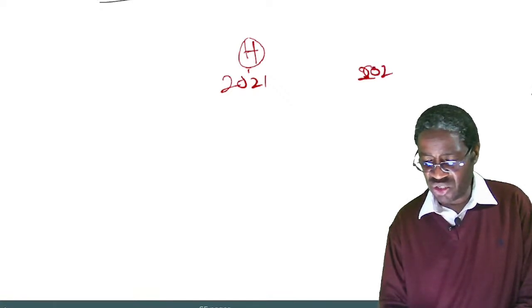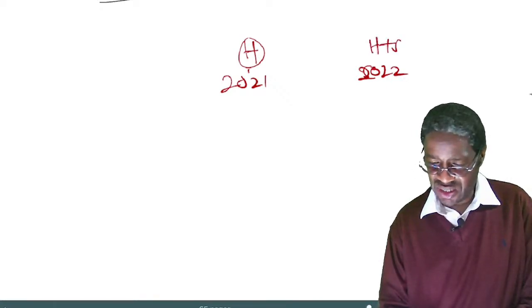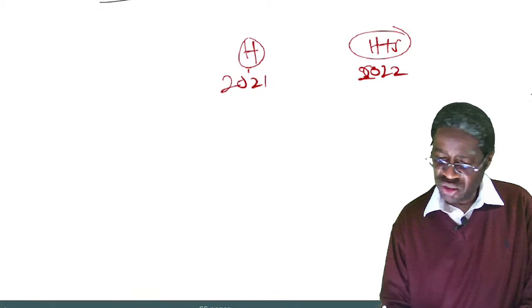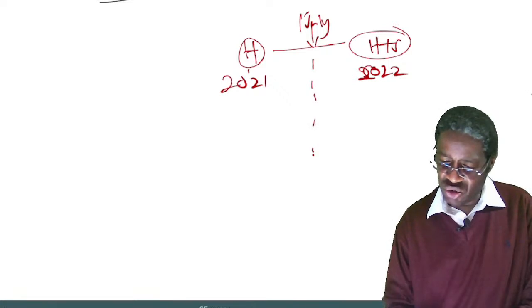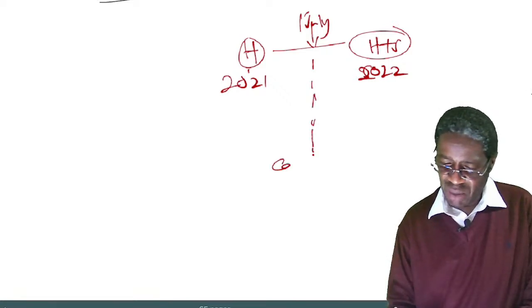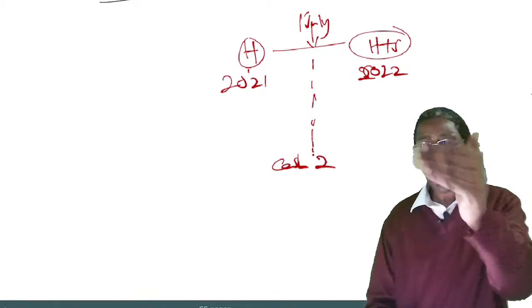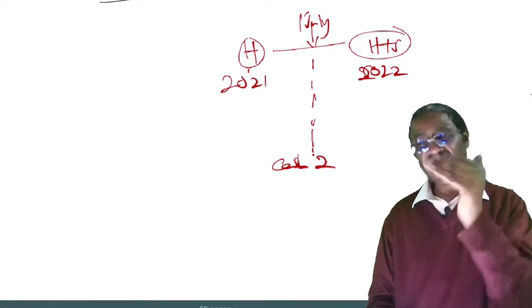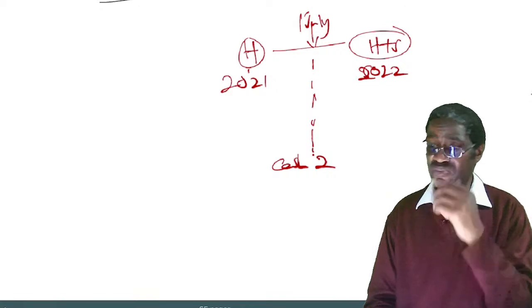So in 2022, we have H and S. I've told you we acquired our subsidiary company on 1st July. It came into the group, among other assets, with a bunch of cash amounting to 2 million.